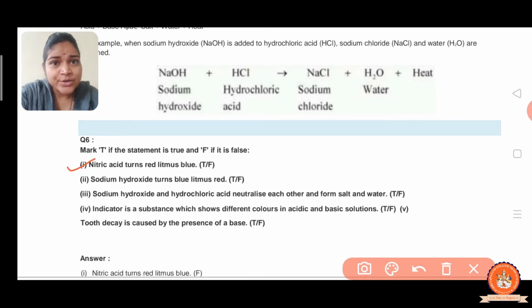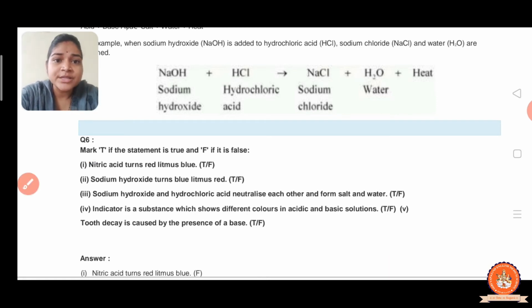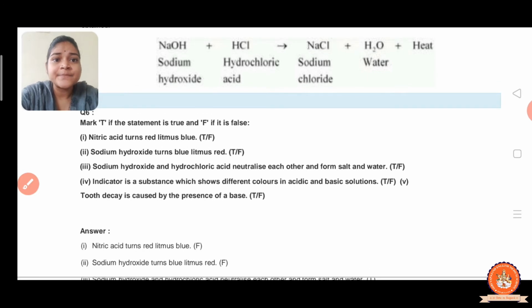Does an acidic solution turn red litmus paper blue? No, wrong. It turns blue litmus paper into red. That's why the answer is wrong, because nitric acid is an acidic solution and it turns blue litmus paper into red. But here in the question, the red litmus paper turns blue. It means the answer is wrong.